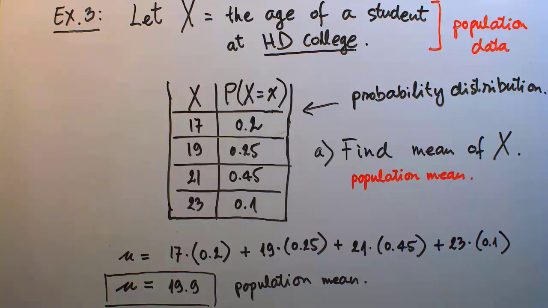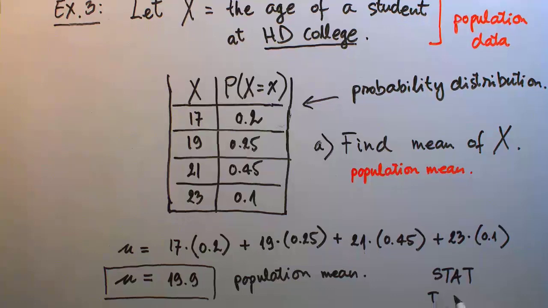Now, before I move on to the next question in the same example here, I need to make another note. In a different video a little while ago, I posted an instruction of how to use the stats button with a TI 83 or 84 calculator.